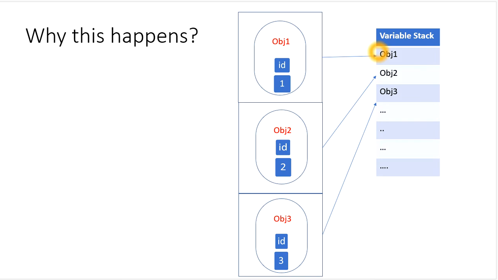These three objects are created on the stack and each object has an independent memory space, and id lives inside the space of that object. So when you modify the id variable of any of these objects, that does not change anything for the other objects. If you modify id for object 1, it will reflect only in object 1. If you modify it for object 2, it will reflect only in object 2, and so on.